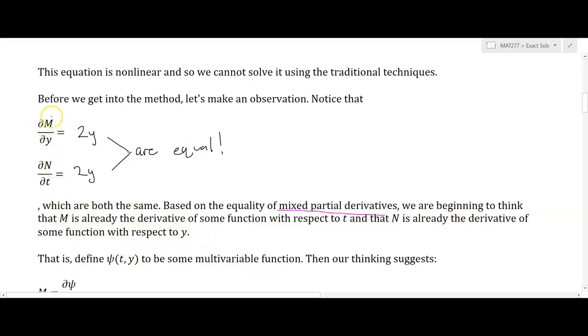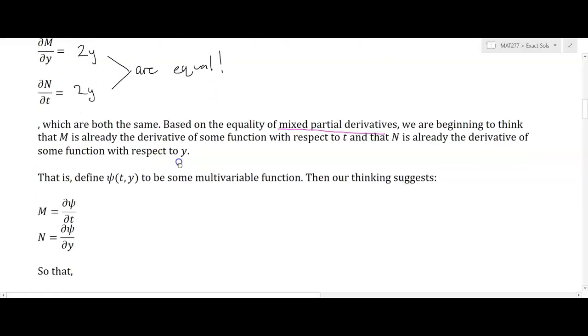Well, if m is the derivative of some function with respect to t, and you take the derivative of that with respect to y, you get the mixed partial derivative of that original function. If n is already the derivative of that same function with respect to y, and now we're taking the derivative with respect to t, we're getting another mixed partial derivative.